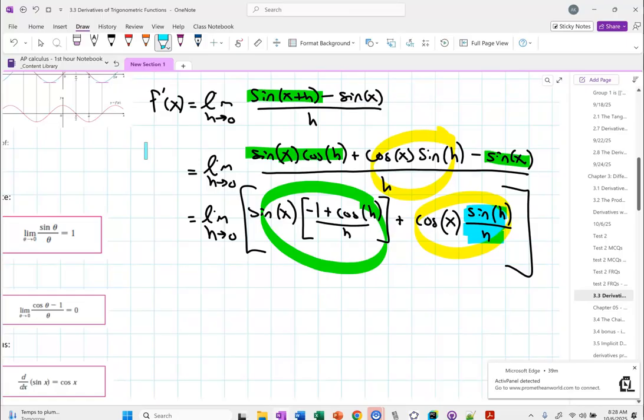You guys have all done this problem. Why is it 1? Where did you do it? Yes, sir. This was the first problem on your points back assignment. You all proved that the limit as x goes to 0 of sine x over x is equal to 1 using the squeeze theorem. Remember I gave you the picture and asked you to set up the inequality for the squeeze theorem?